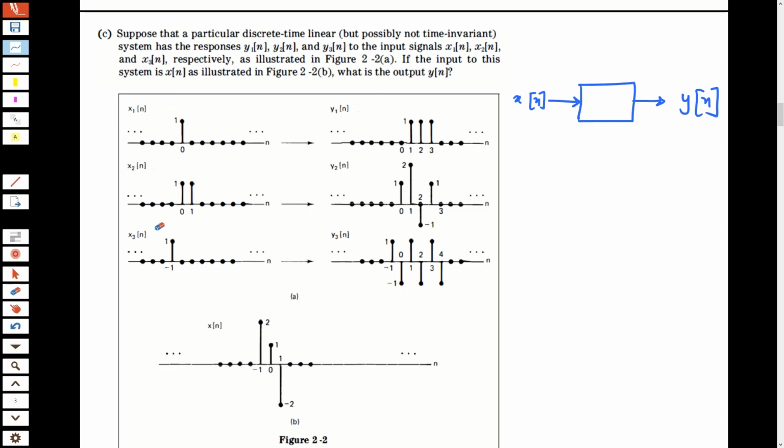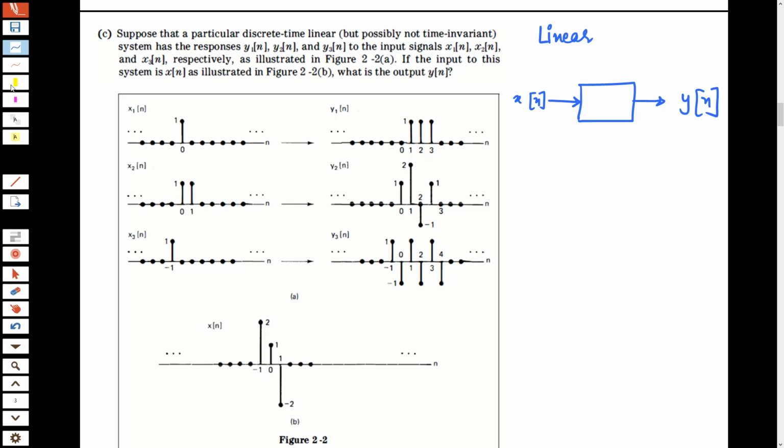Another very important thing here is that it says that it is linear, right? That means you can always multiply the input with some factor and claim that the output would also be multiplied with the same factor.